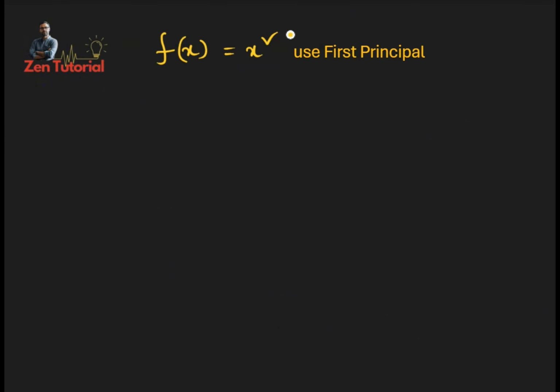So another problem: the function f of x is equal to x square, and this time of course we are going to use the first principle for the differentiation.